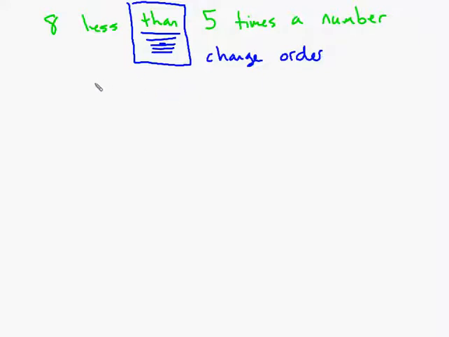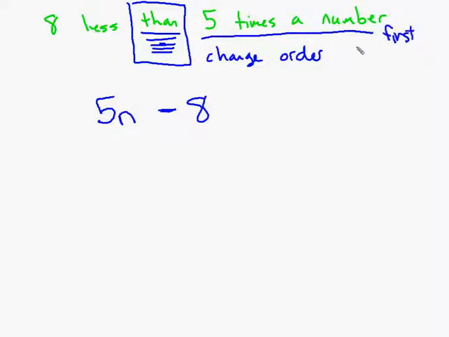So actually, I'm going to write first 5 times the number. So 5n. And then what am I going to do to it? I'm going to subtract 8. Yep. So this part came first. Now I'm not a very good English person, but do we see why the word than makes us change the order?